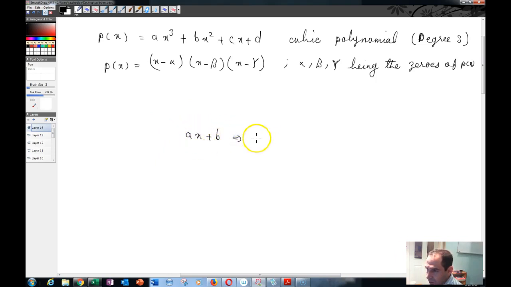If you set this equal to 0, then your x is equal to minus b by a. So there is no need to do all of this business of factorization there.